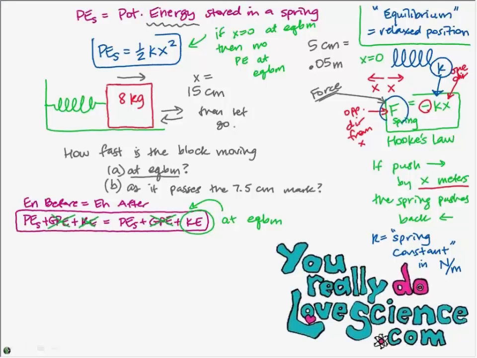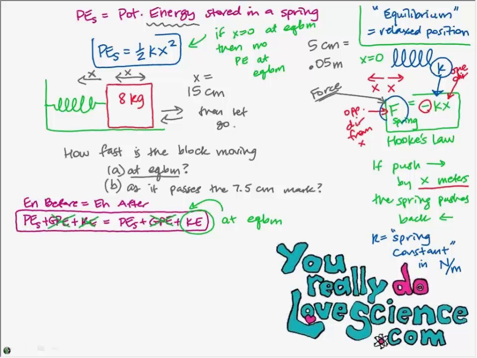And the spring is going to stretch and you're going to have x that way, a certain amount. It's going to come back and then it's going to pass equilibrium and go past it, boing, boing, boing.